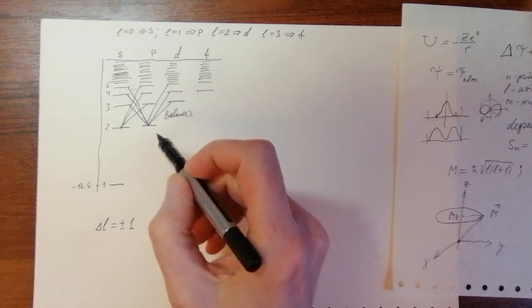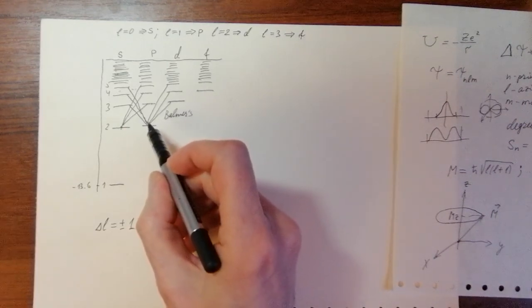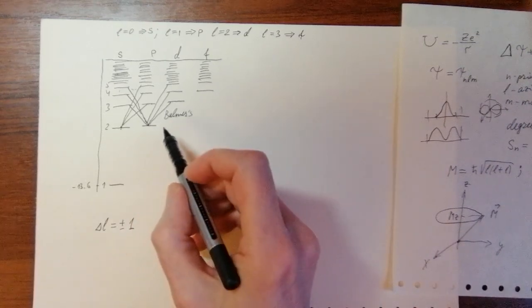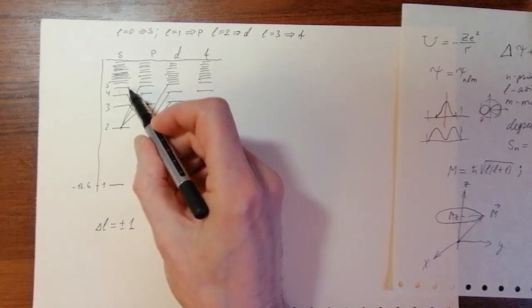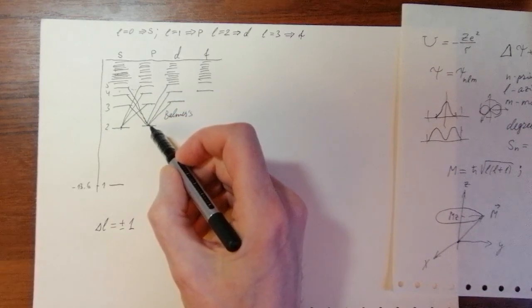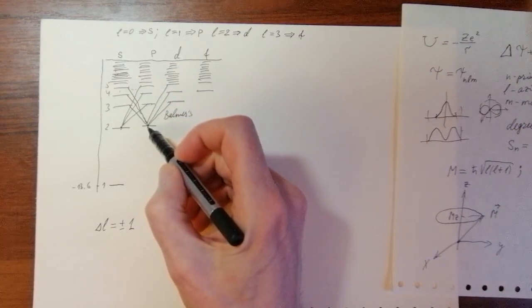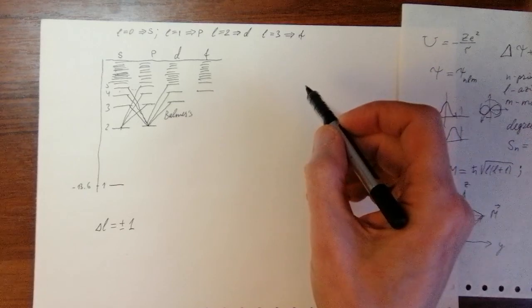Why is it so? I can explain that. Let's consider what happens when electron goes from one level to another level. It changes its energy, and the rest of the energy, when it comes here, does not disappear; it is taken by a photon, and the photon is emitted and takes energy with it.